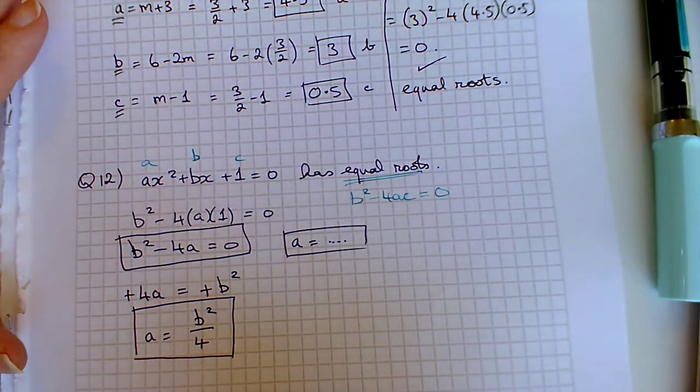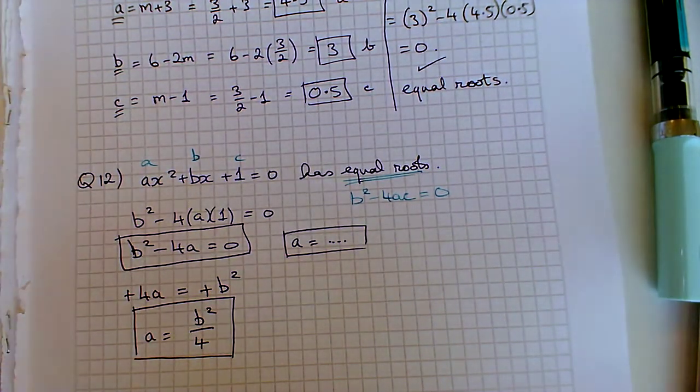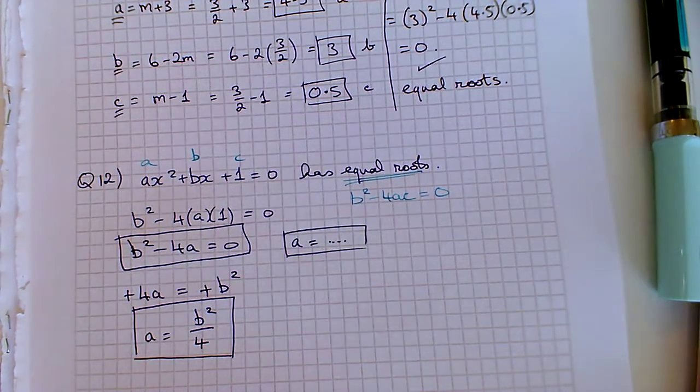And it says, hence write down the root of the equation, and there must only be one because the discriminant is 0.